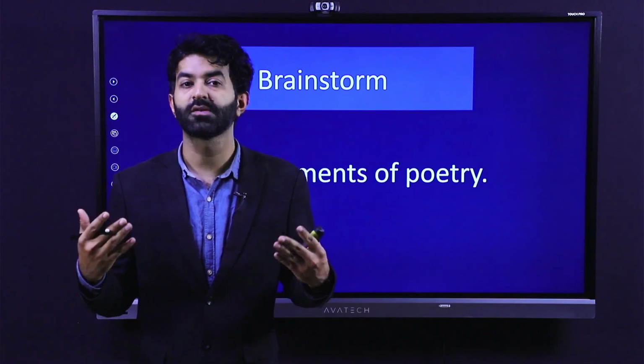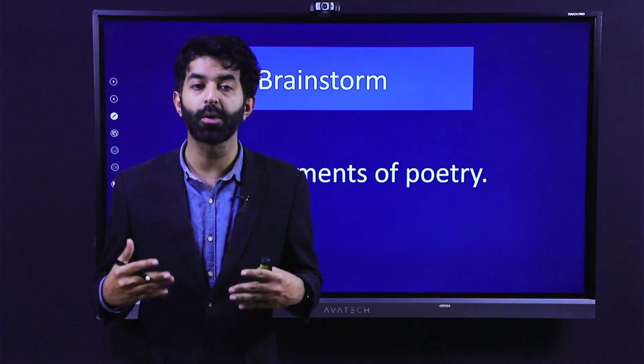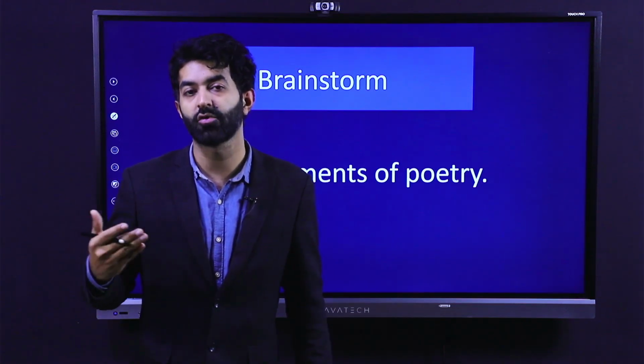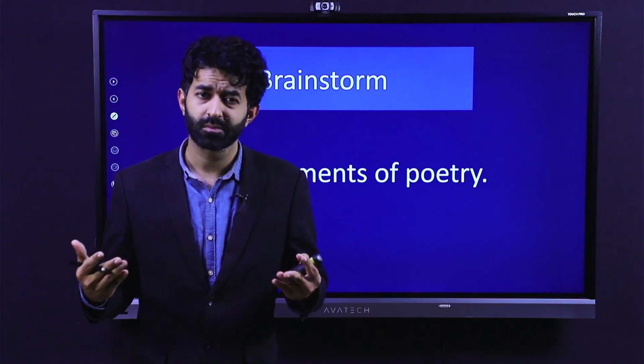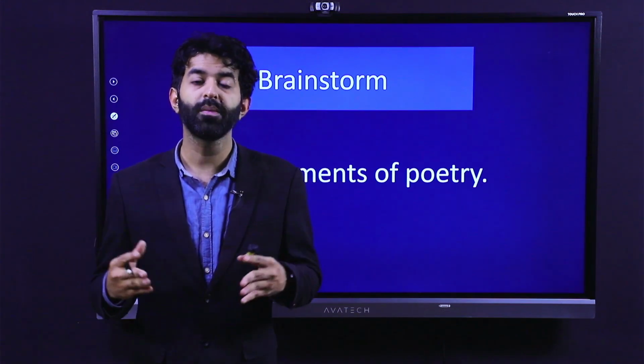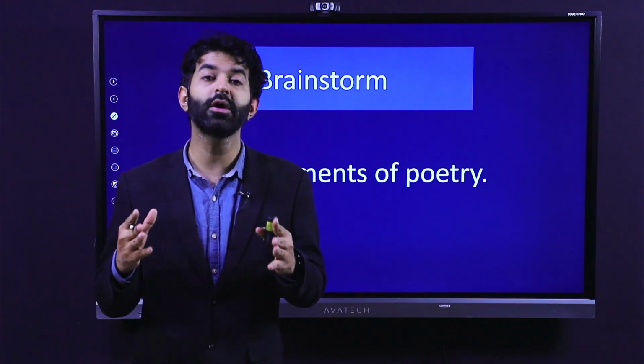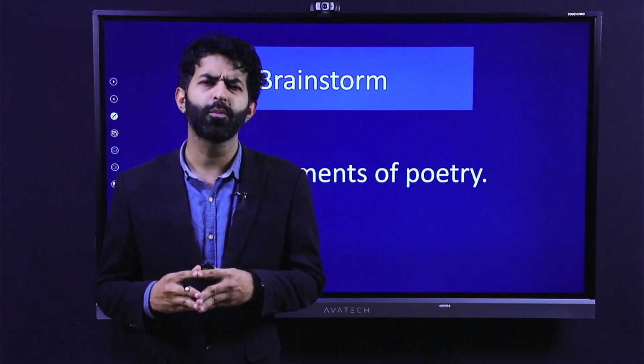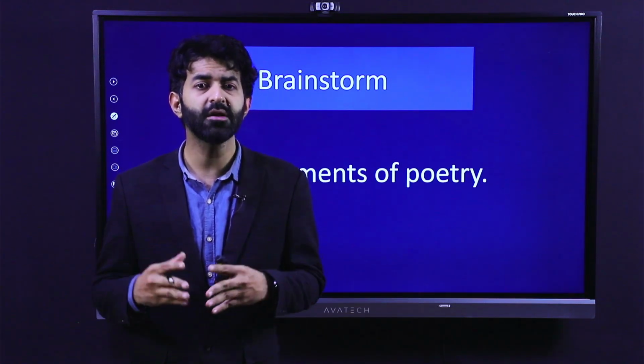Every poem has a theme, a central idea, or maybe more than one central idea for understanding. A poem is very meaningful. It is the oldest form of literature, and poetry is made up of figurative language.